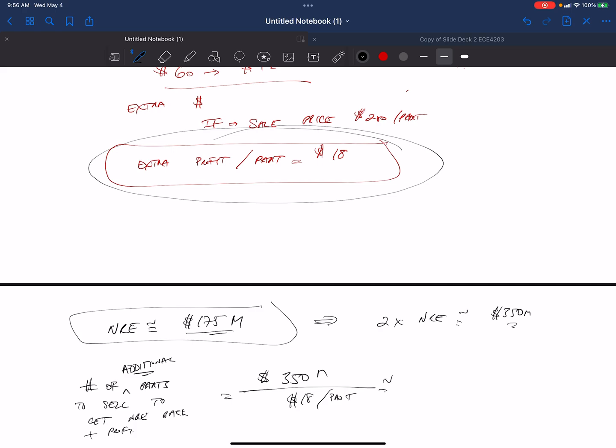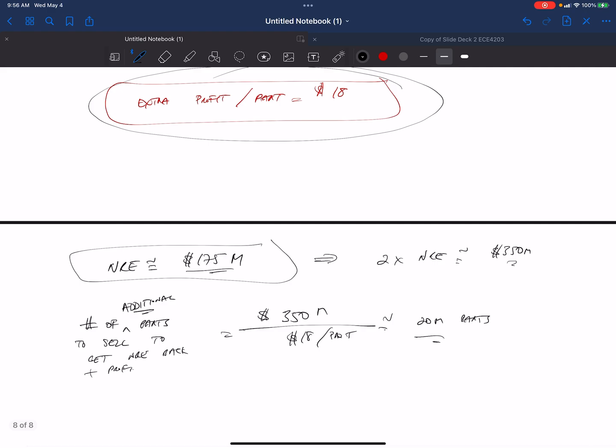That's about 20 million parts. So basically you have to sell 20 million additional parts compared to your previous sales projections to make it worthwhile to do this 14 nanometer to 10 nanometer shrink.